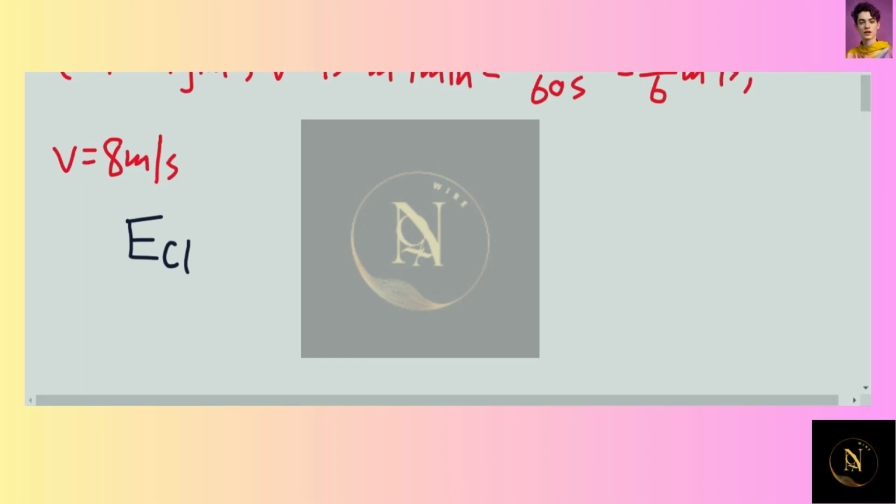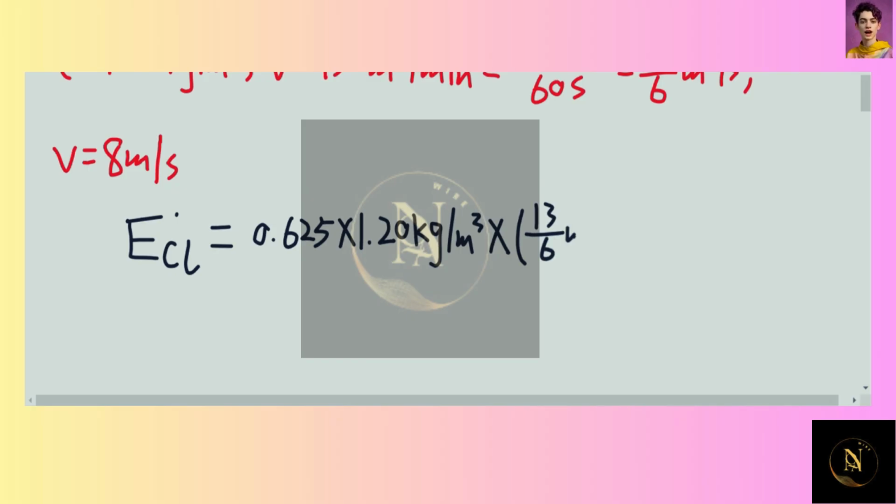So this can be equal to 0.625 multiplied by 1.2 kilogram per meter cube, and then times 13/6 meter cube per second, and then times 8 meter per second to the power of 2.